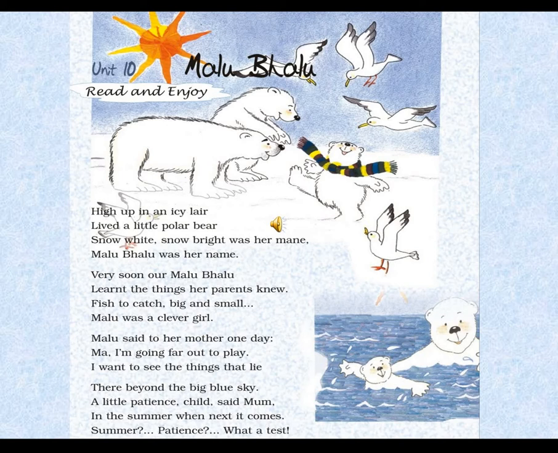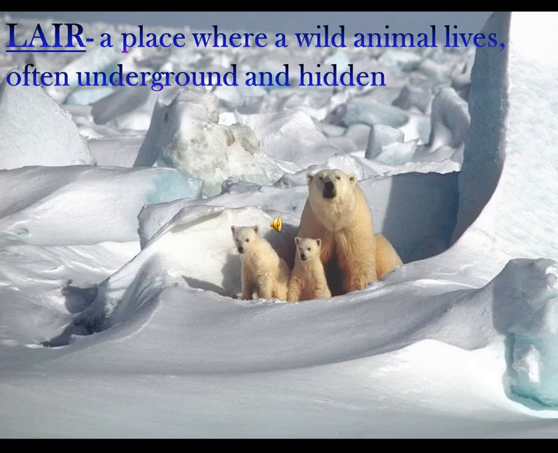Okay, so high up in an icy lair. Let us first see what is the meaning of the word lair. A lair is a place where a wild animal lives, often underground and hidden. Since you already know polar bear is also a wild animal, that is why it lives in a lair where it cannot be easily seen by others.